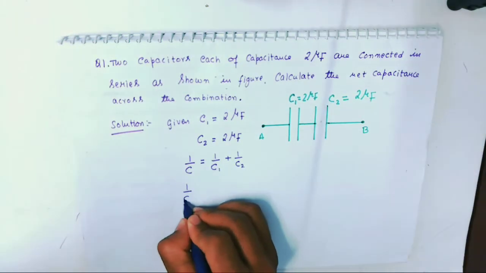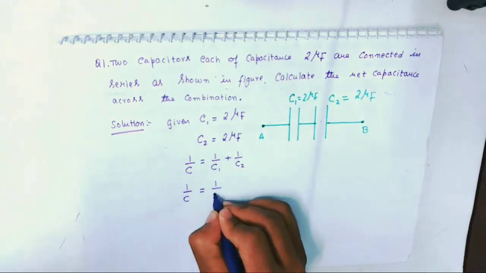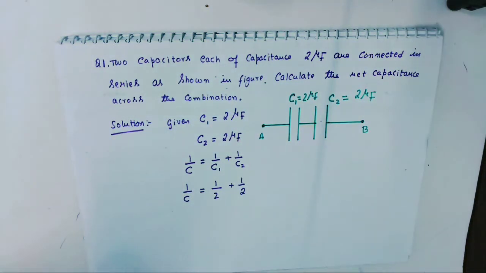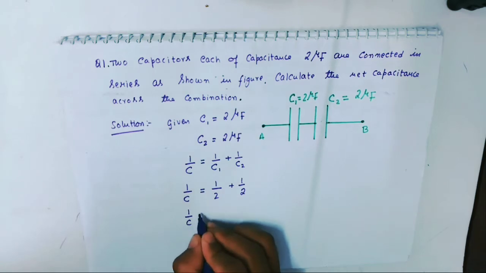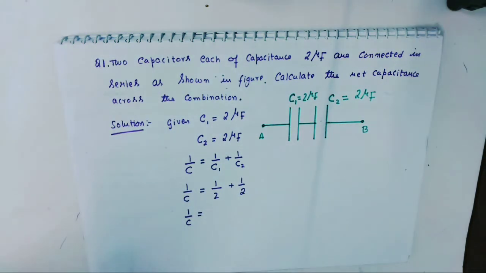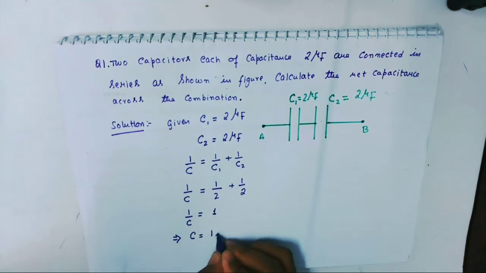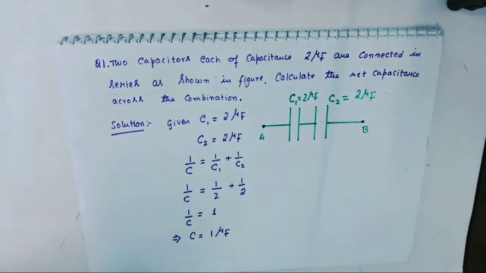So 1 by C, it is equal 1 by 2 plus 1 by 2. So half plus half, it is equal 1. So this implies that C is equal 1 microfarad.